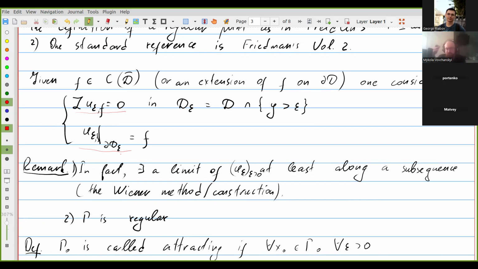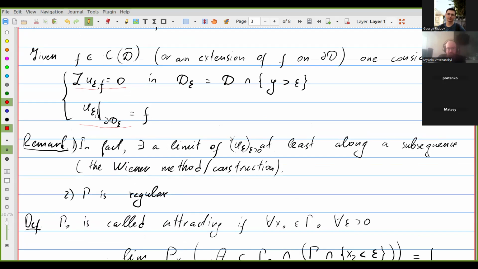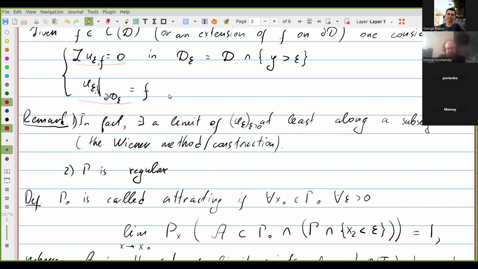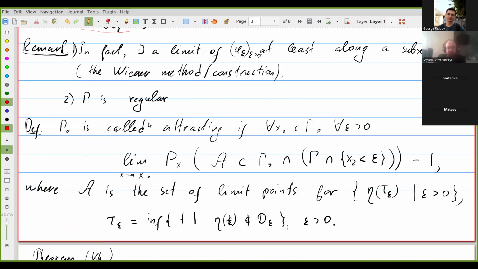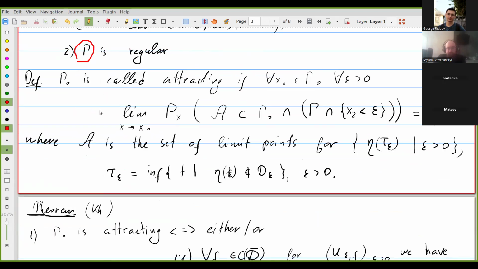This procedure is known as the Wiener construction. In modern literature, it's typically written in terms of internal Schauder estimates, but we will not use the fact of the existence of the solution on the whole space. And obviously, we do not care about this part of the boundary. This is just a regular part.